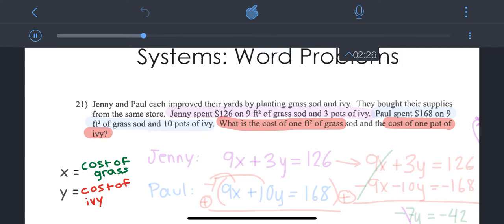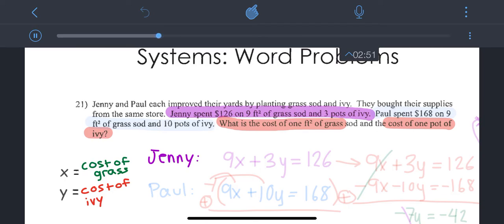All right, so let's make an equation for Jenny first. All right, so I only want you to focus on the sentence that has information for Jenny. Okay, right here. It says she spent a total of $126, 9 feet squared of grass, 3 pots of ivy.